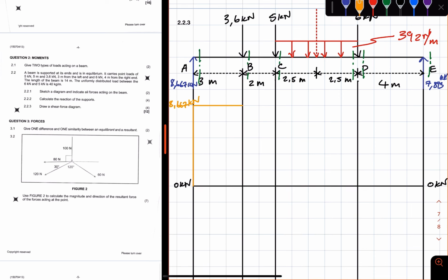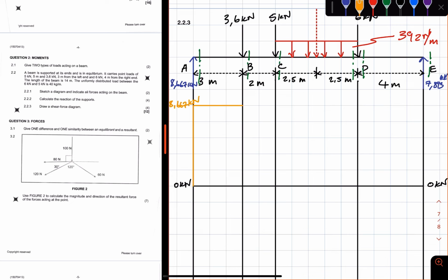Then when you get to B, the only force that gets introduced now is the 3.6 kilonewton force, which is going down, right? Remember, before getting to B, the only force that exists is 8,667. So now we are at point B, and the only other force that gets introduced is 3.6 kilonewtons. It is negative because it is headed downwards.